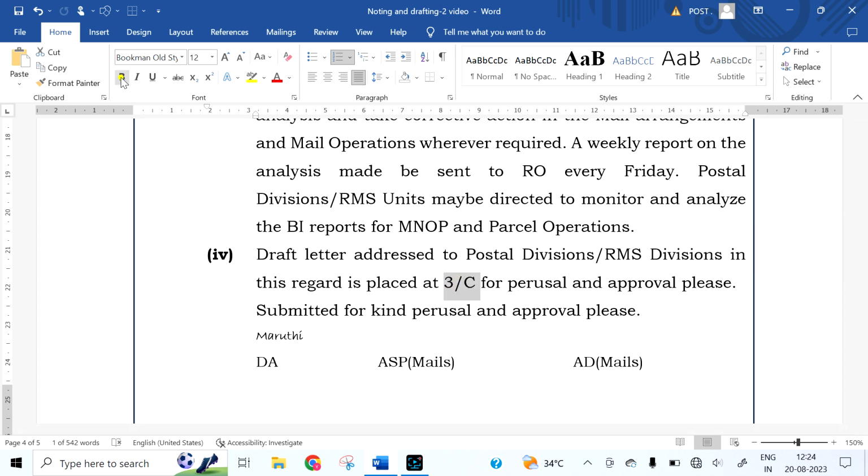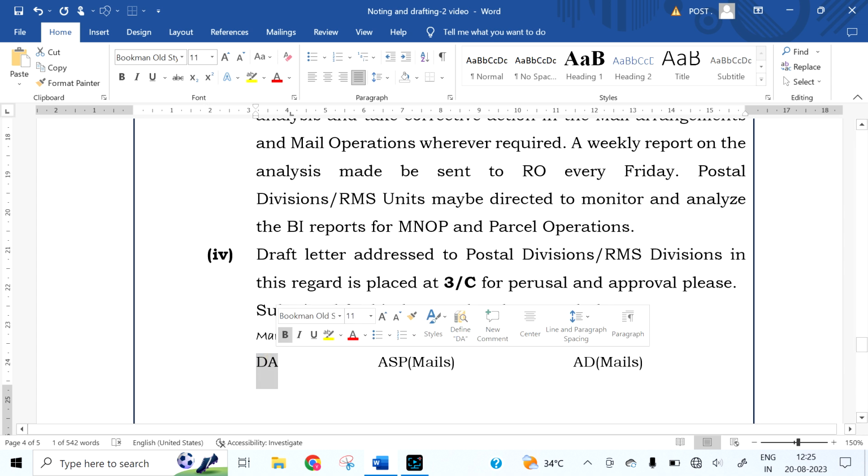Earlier we have seen in 1C, that is the analysis of D plus 0 for entire divisions. Second, in 2C we have put up the directorate instructions on targets, and 3C is the draft letter addressed to the regions for perusal and approval. Submitted for kind perusal and approval, please.